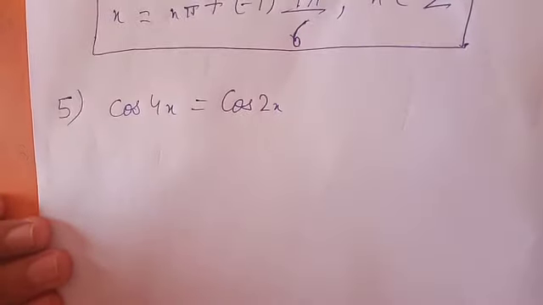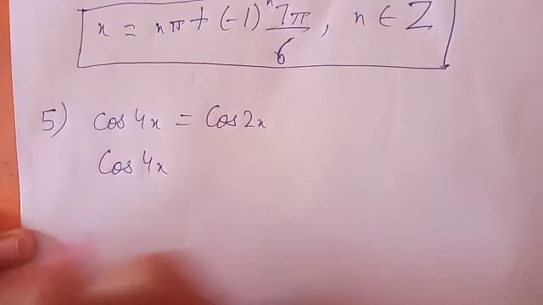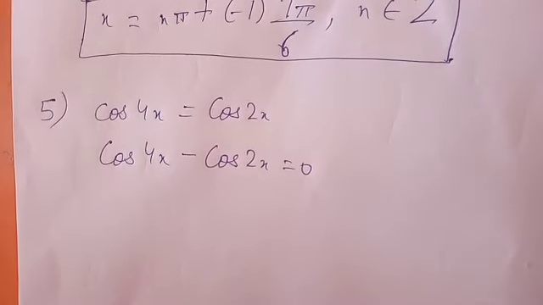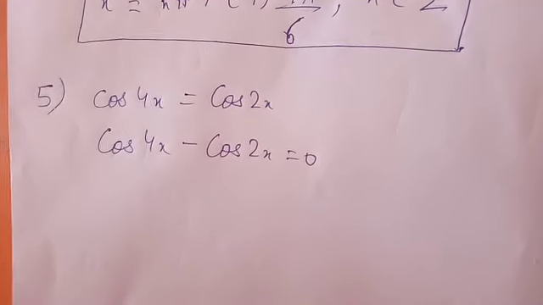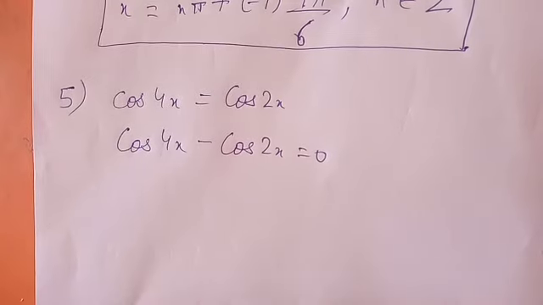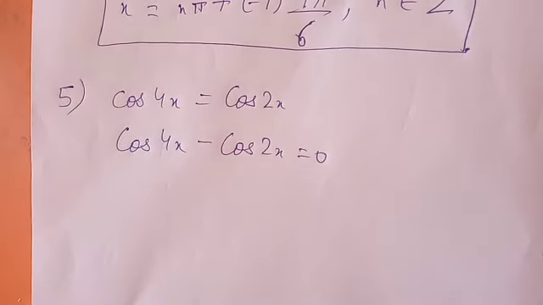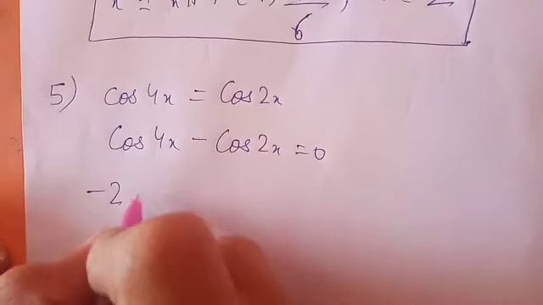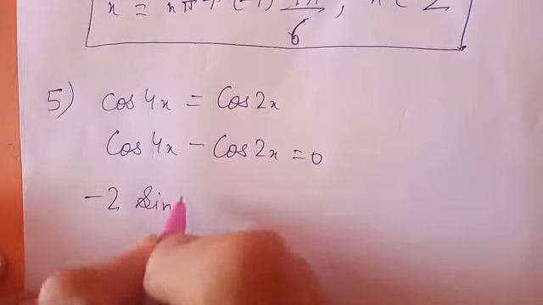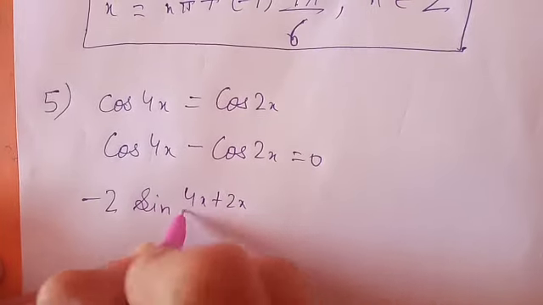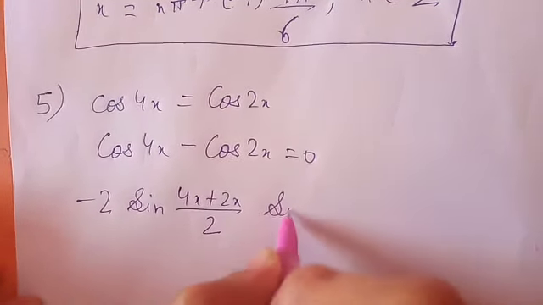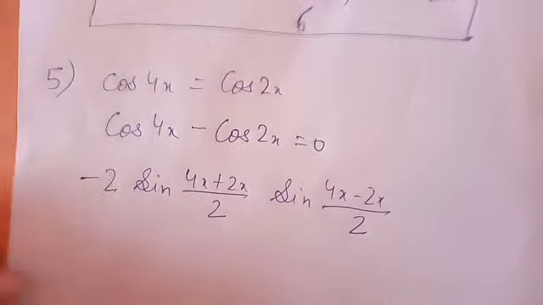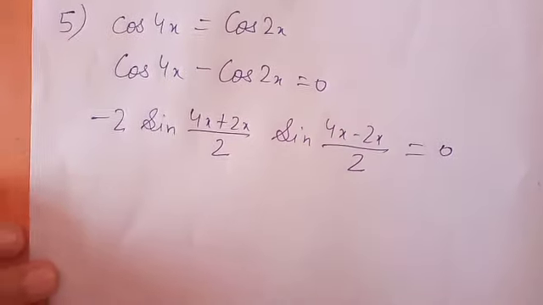So first of all, we can write it as cos 4x minus cos 2x is equal to 0. Okay, and now I can use the formula of cos A minus cos B. That is minus 2 sine of A plus B by 2 into sine of A minus B by 2. This whole becomes equal to 0.